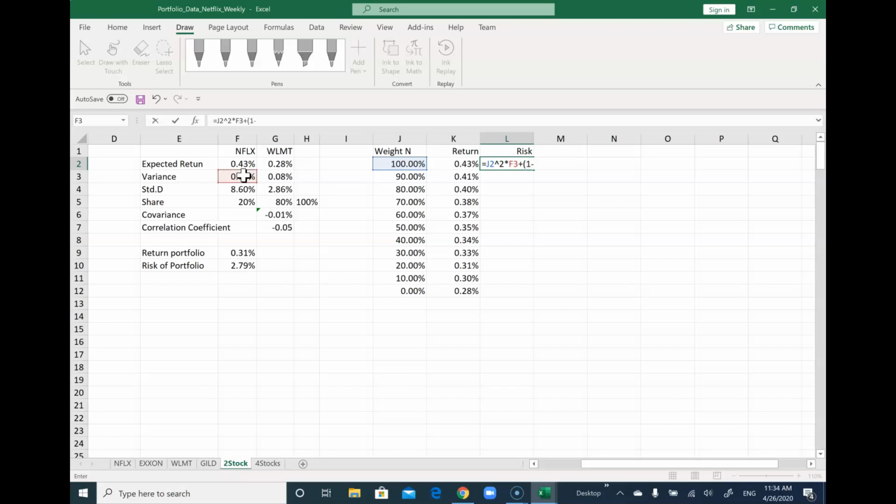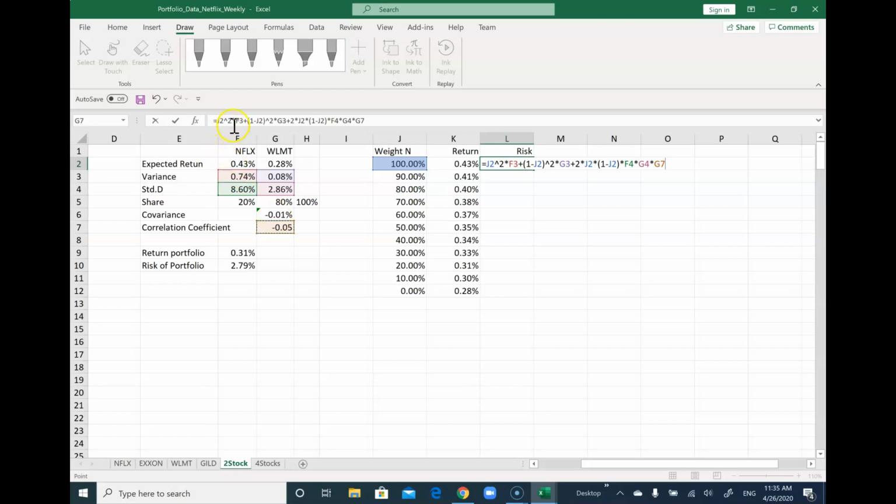Then 1 minus the share of the Netflix squared times the variance of Walmart, plus 2 times the share of each asset times the standard deviation of each asset and the correlation coefficient between the two assets. Okay.